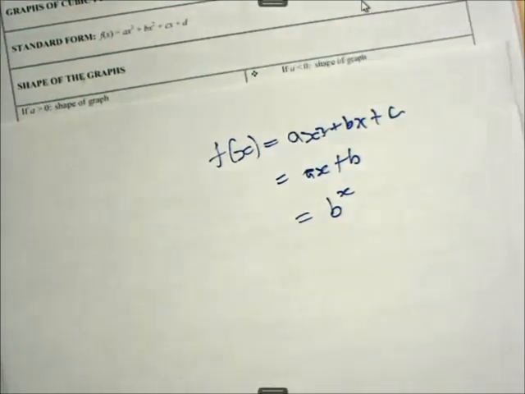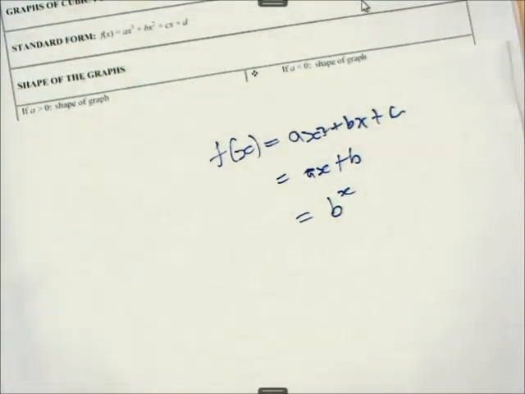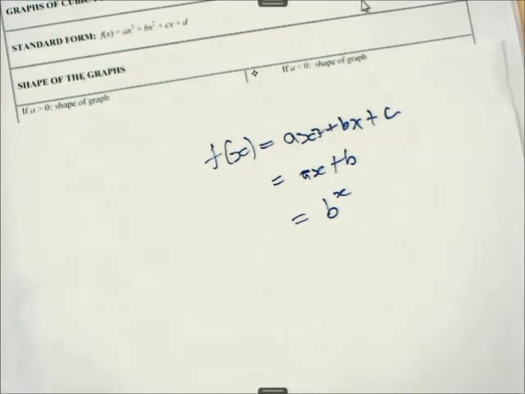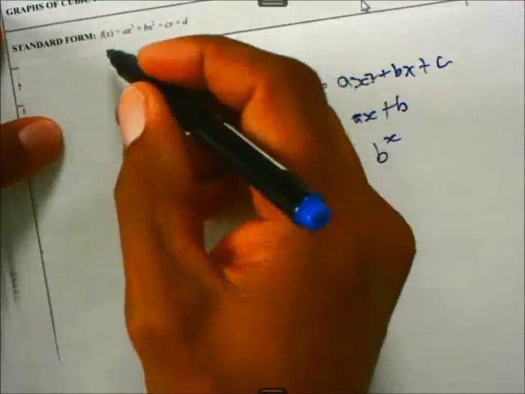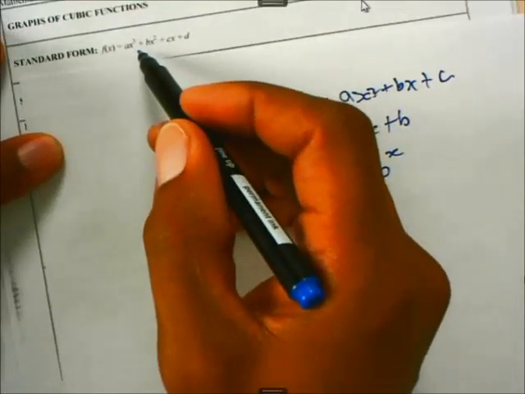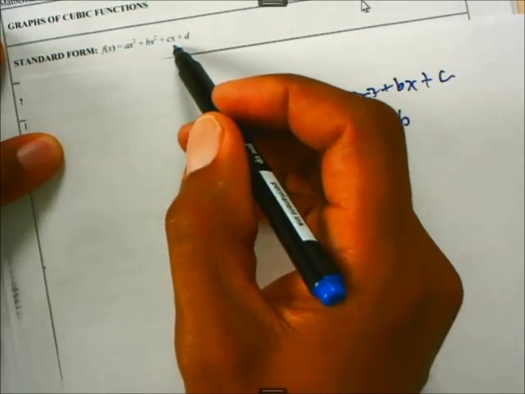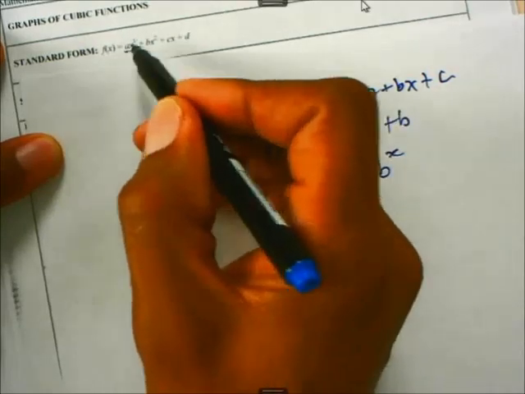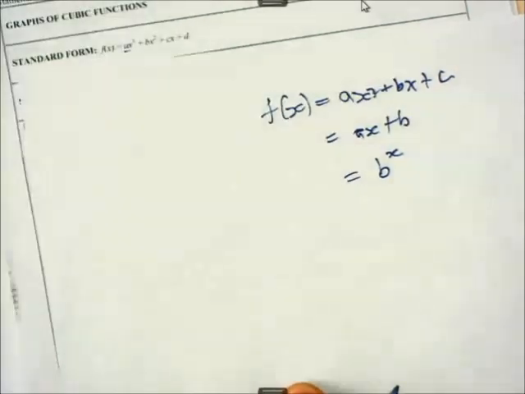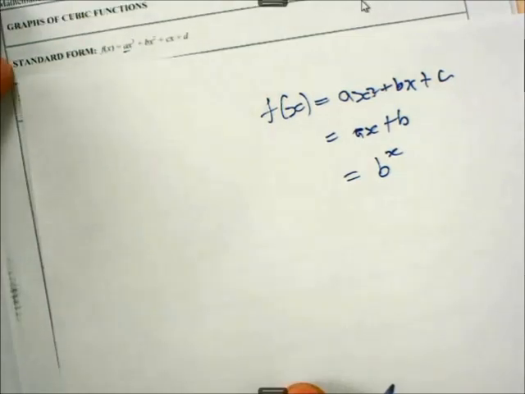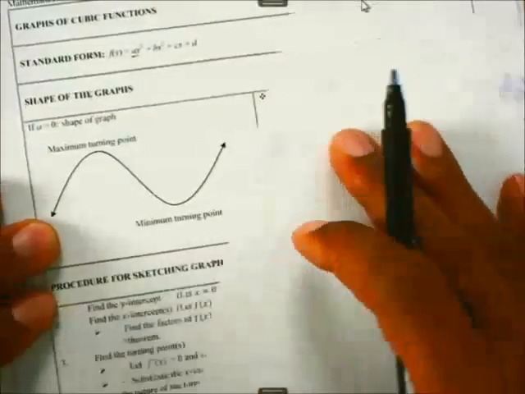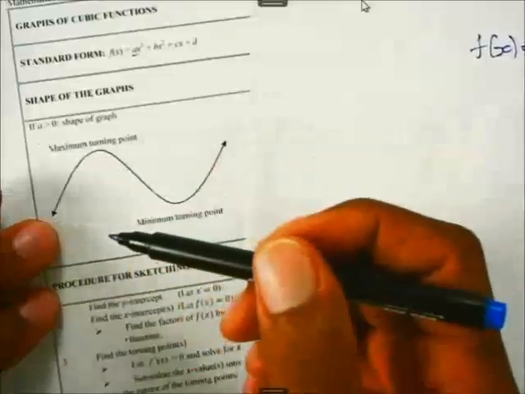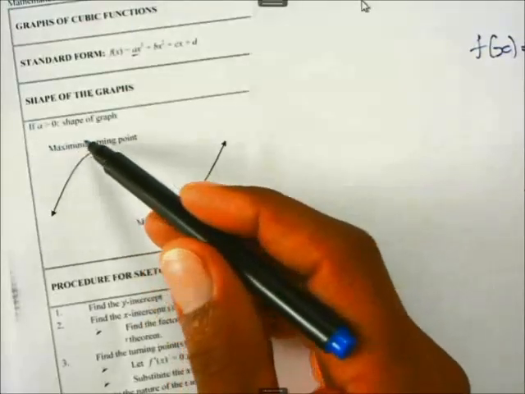How does the shape of the graph look? The shape will be determined by the value of a. Here we have f(x) equals ax to the power of 3 plus bx squared plus cx plus d. The value of a is the one that will tell us what the shape of the graph looks like. Let us look at this side, where a is greater than 0.